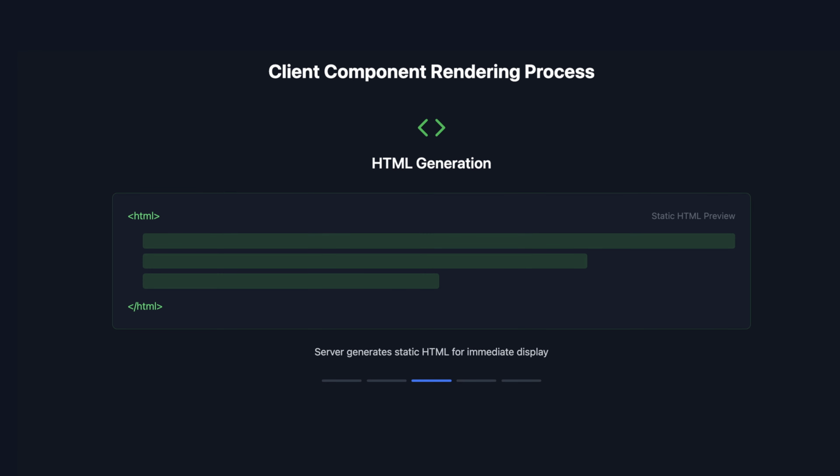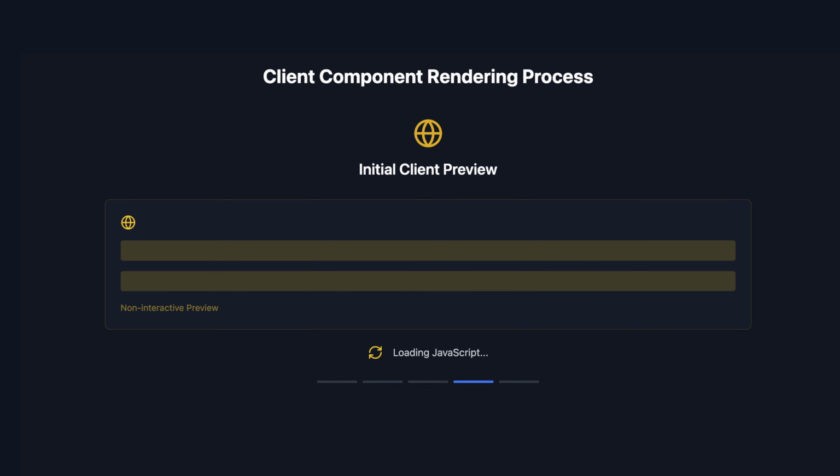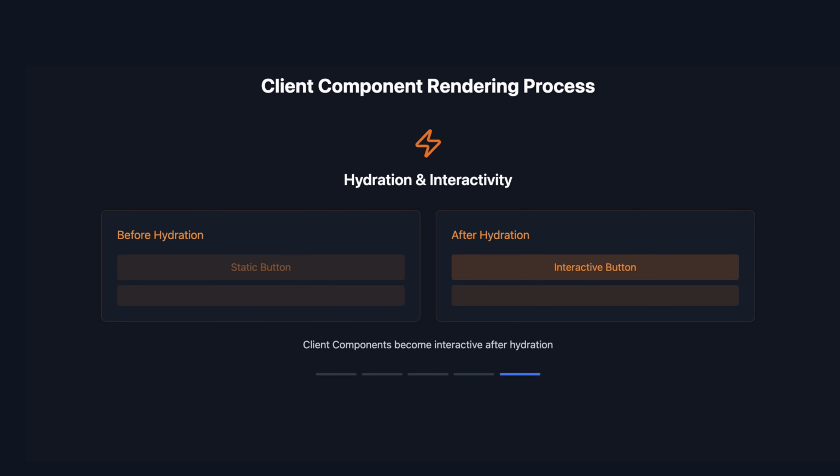And then on the client, this HTML is used to immediately show a fast, non-interactive initial preview of the route. Then the React Server Components payload is used to reconcile the client and server component trees and update the DOM. Finally, the JavaScript instructions are used to hydrate client components and make them interactive. So this is the whole process that happens on a full page reload.